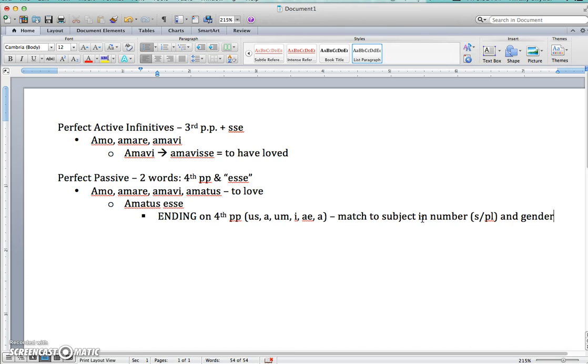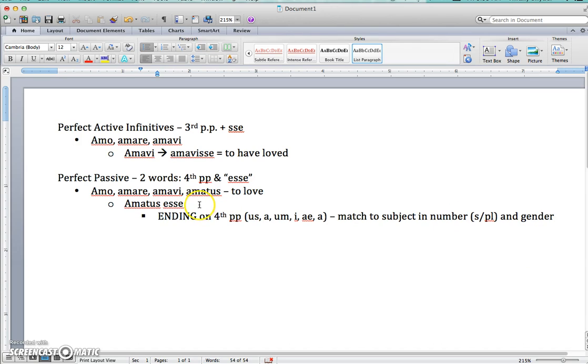You have the I ending, which is pronounced E, of course, is masculine plural, AE is feminine plural, and then the A ending is neuter plural. So it's just matching those two things, number and gender, to the subject, whatever it happens to be, or the topic that you're talking about.